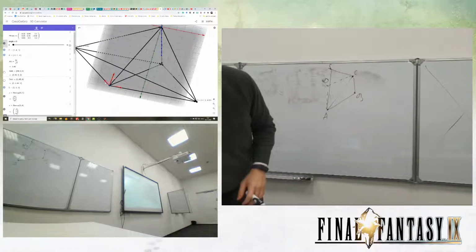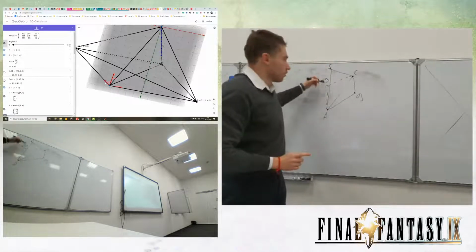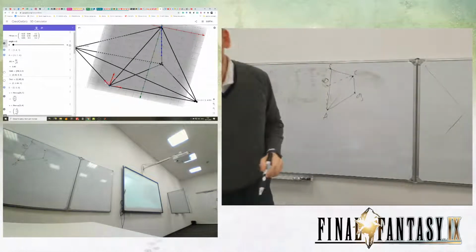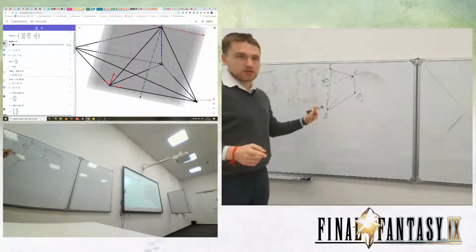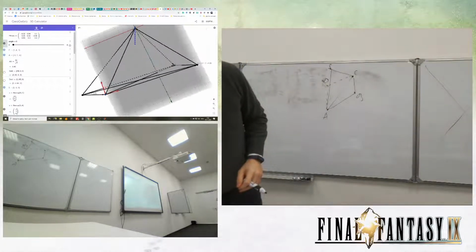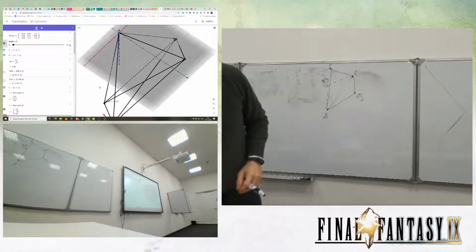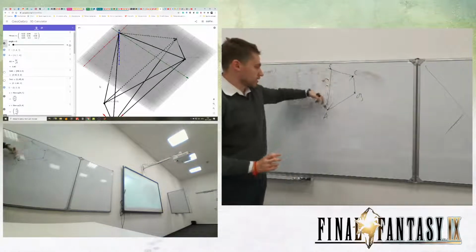So X will be according to one point, B to the other point, and the last one, you may see it's perpendicular to AC.